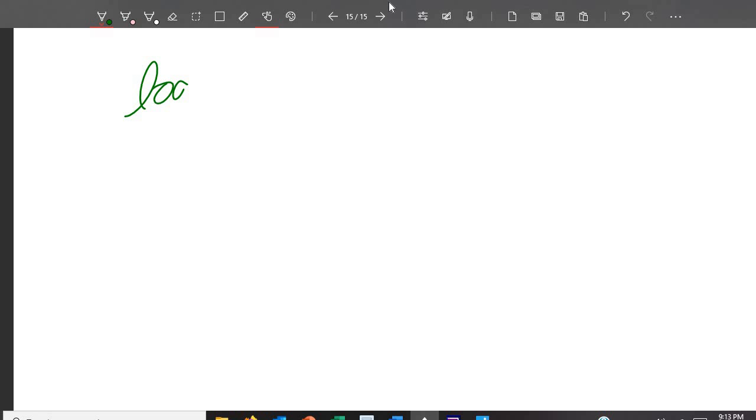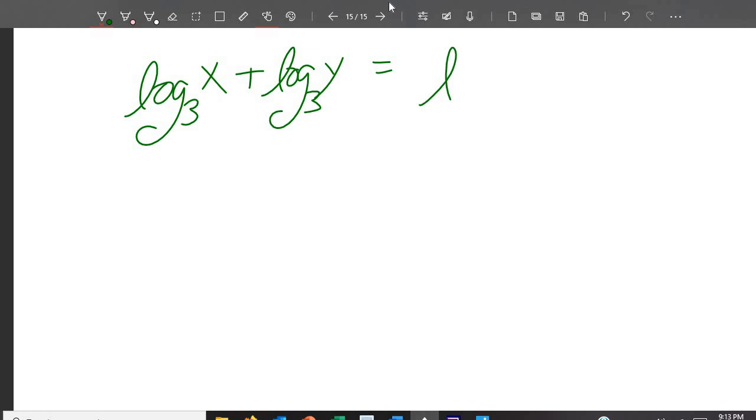Let's say I had log base 3 of x plus log base 3 of, I don't know, y, I guess. My instructions say to condense. Now, my answer will be a log base 3 and a set of parentheses and something in the parentheses.